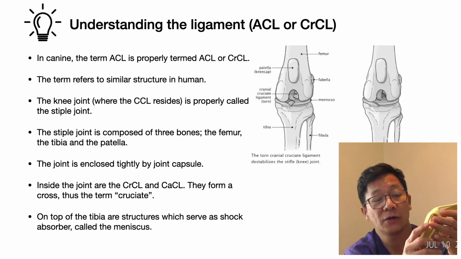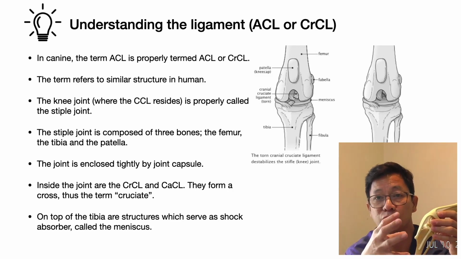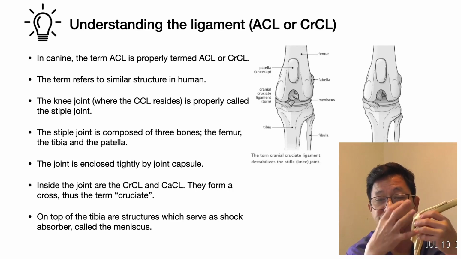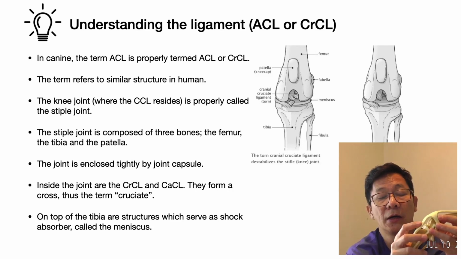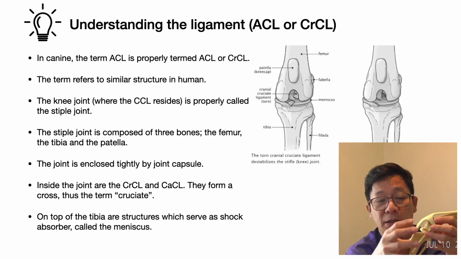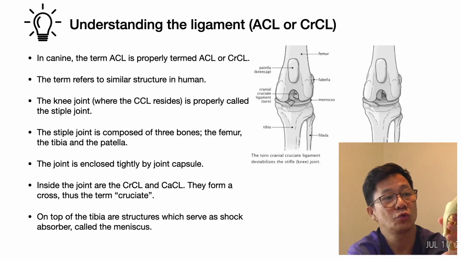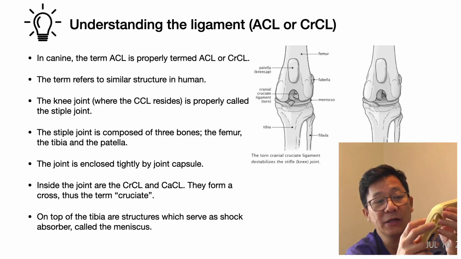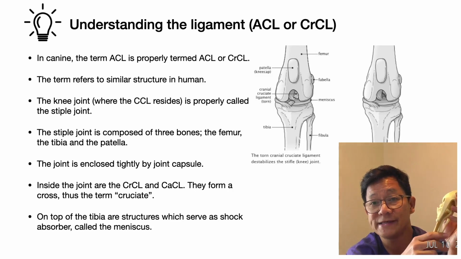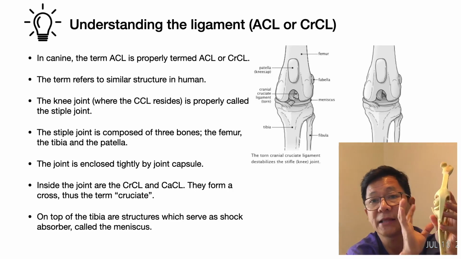Para nga po hindi tayo nalilito for pet owners doon sa mga terminology na naririnig niyo sa vets nyo, kasi magkaiba ang terminology when it comes to anatomical directions, parts ng knee or ng parts of the body, magkaiba po dun sa human. Okay. When it comes to cranial cruciate, the term cranial cruciate is synonymous to ACL in human, anterior cruciate.